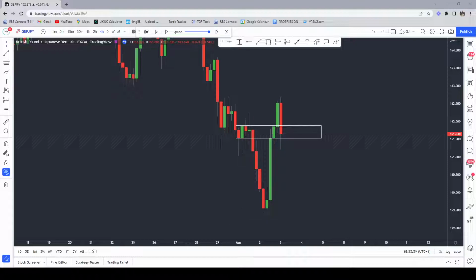So if I just draw this zone on from the support zone in a different color, we can see that this is the zone here for the support. So if we look at where this 4 hour candle that's formed the resistance rejected from, it rejected from the body, which is here, and it also rejected from the zone.